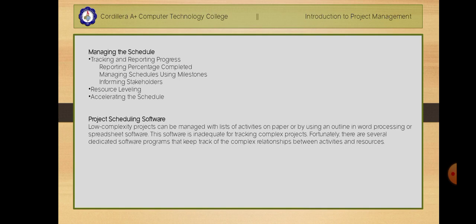For tracking and reporting progress, tracking the schedule performance involves measuring the work performance against the work expected to be performed with a given expenditure of resources.